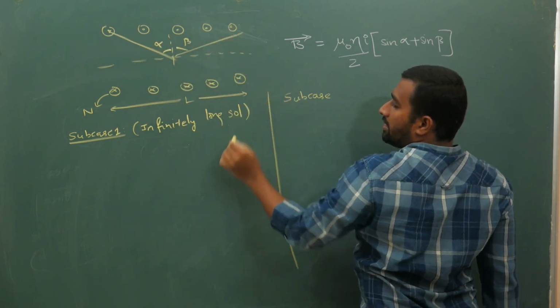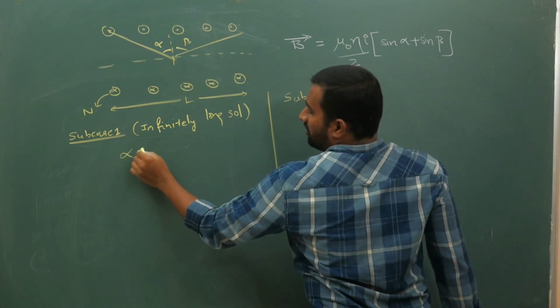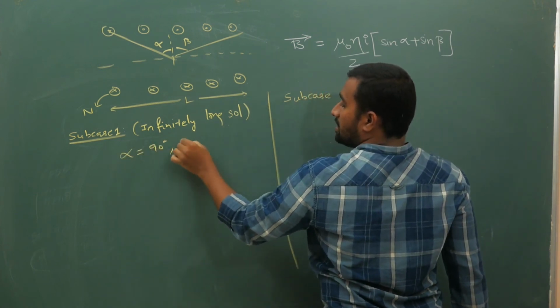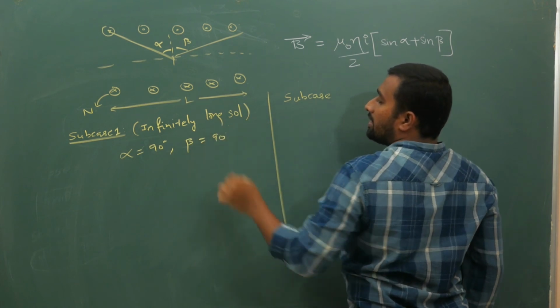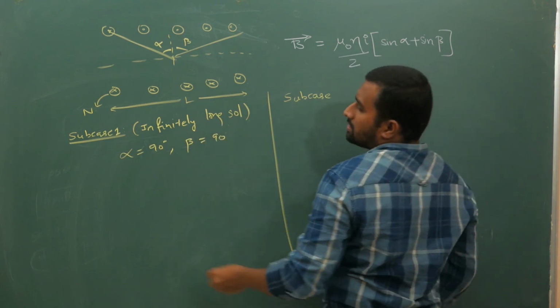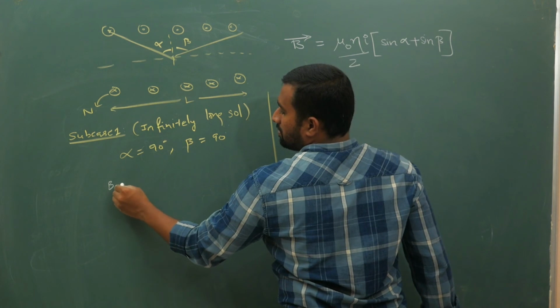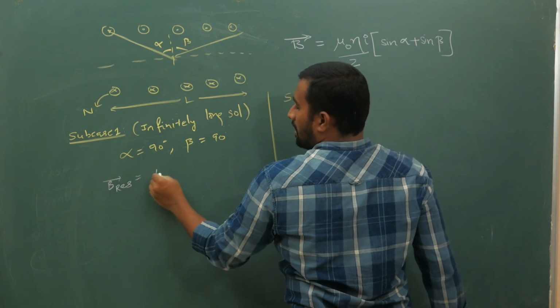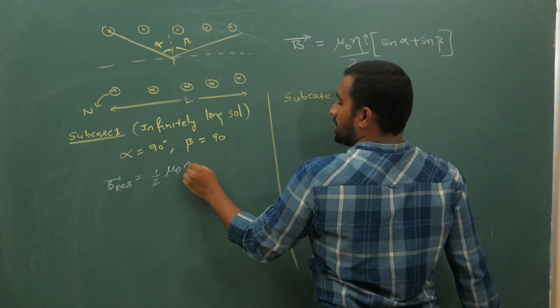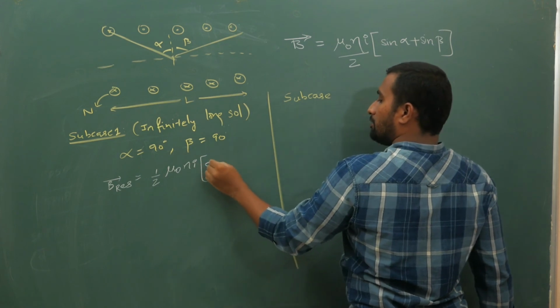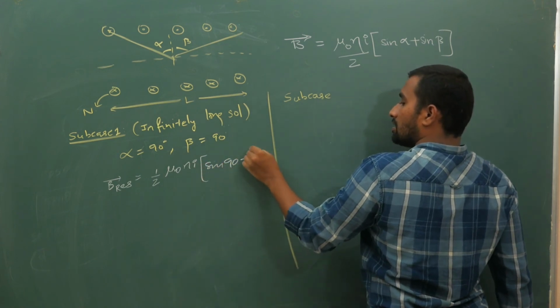Infinitely long solenoid. Your alpha is going to become 90 degrees, your beta is also 90 degrees. So if that is the case, your resultant magnetic field B resultant is half mu naught Ni times sin 90 plus sin 90.